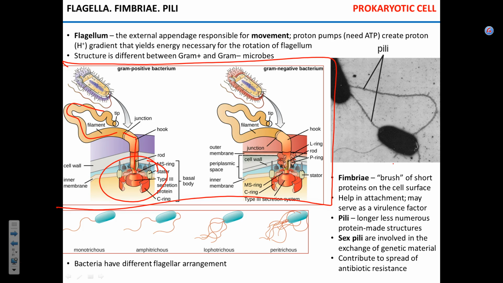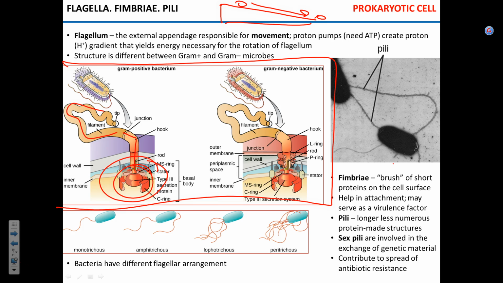Now in this case, ATP is used to pump hydrogen and create the gradient, and when hydrogen diffuses through that motor, the energy of sliding down the concentration gradient fuels the flagellar movement. Does that make sense?